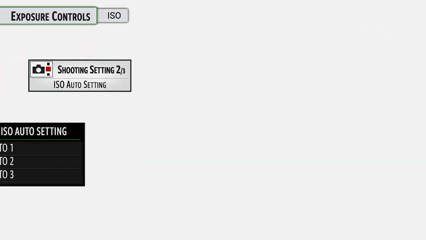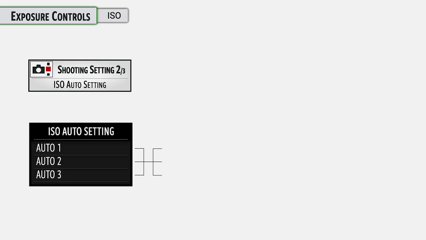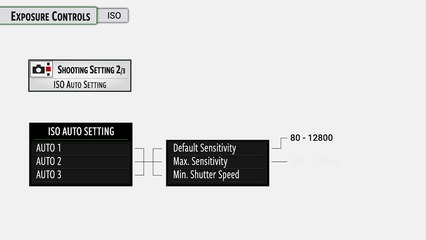Now, as I mentioned, for the auto ISO setting, you have 3 different presets. The default setting is the lowest setting that it tries to maintain for as long as possible. The maximum sensitivity is the highest ISO that it will go to before it works on something else or you just start getting dark images. And minimum shutter speed is the one that you really need to put some thought into.